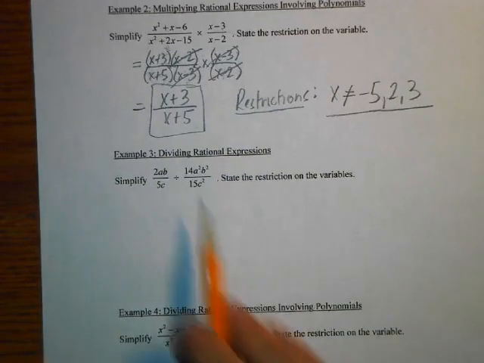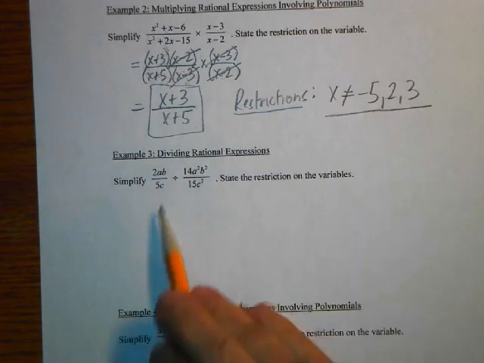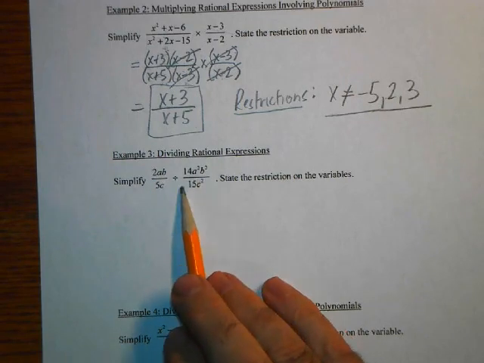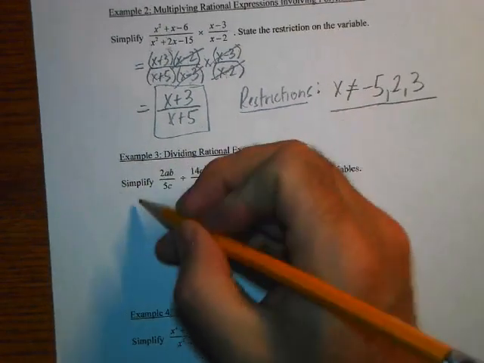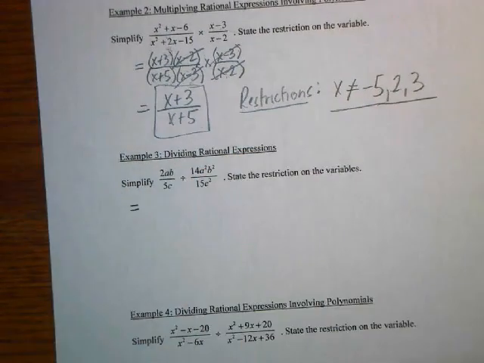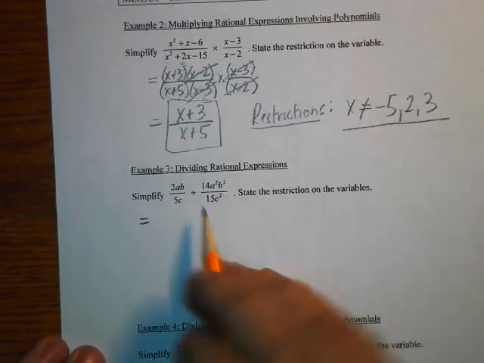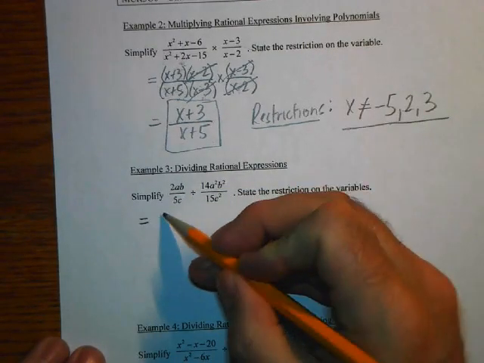The next question here is our first division. So we're going to divide this rational expression. And you can see in this one I've got, again, just monomials. So I don't really have to do any factoring. So the first thing I'm going to do, since I don't have to factor, is just change it into a multiplication question.